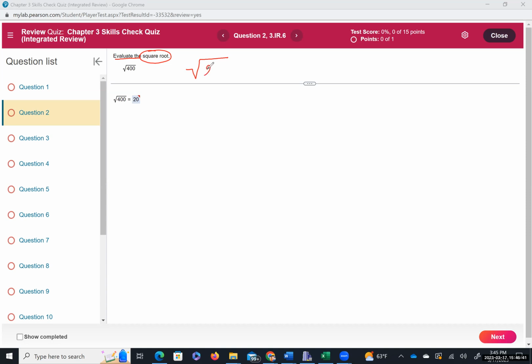Okay, let's say I have 20 times 20, right? And 20 times 20 is 400, so 20 times 20 is 20 squared, right? And the square root here can cancel the square and get only 20.